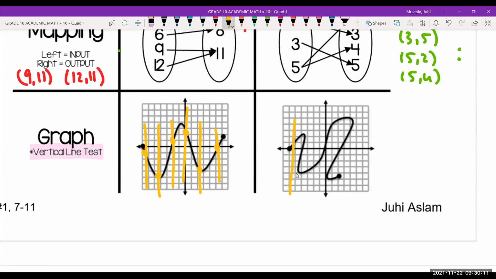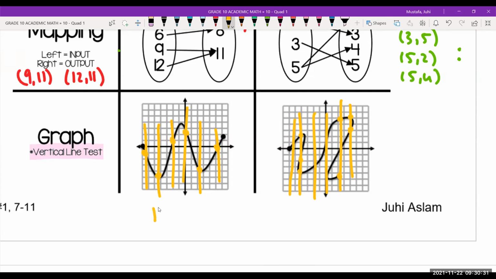However, if I were to draw a line over here, look what's happening. At this line, it's going through it 3 times. Over here, it's going through the line twice. Over here, twice. Do you notice that the line is in 2 different places on this graph?